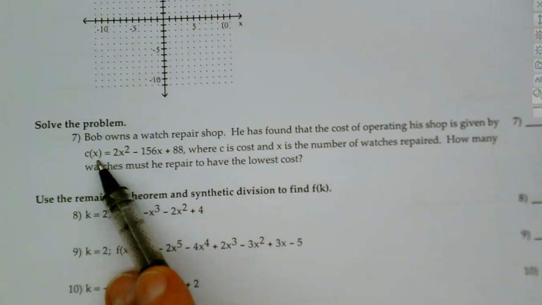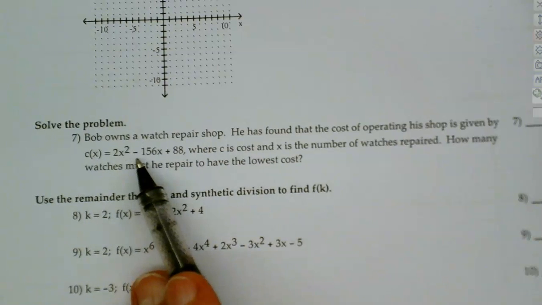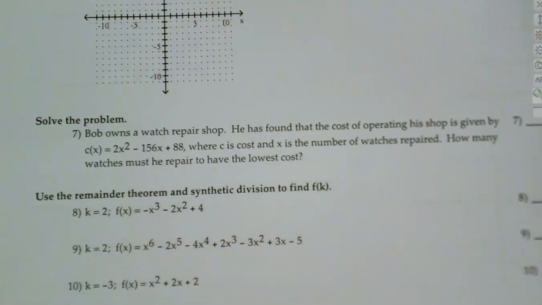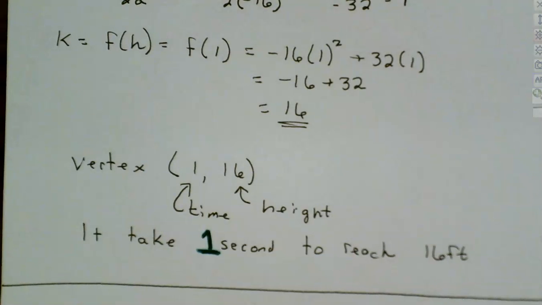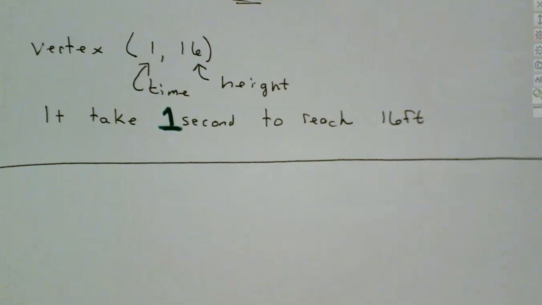And when you plug it back in, that's going to give you the cost. And we want the lowest cost, and so that's going to be the vertex here, the minimum. So on that question 7, all you have to do is find the vertex and label it. Vertex is the highest or the lowest value.